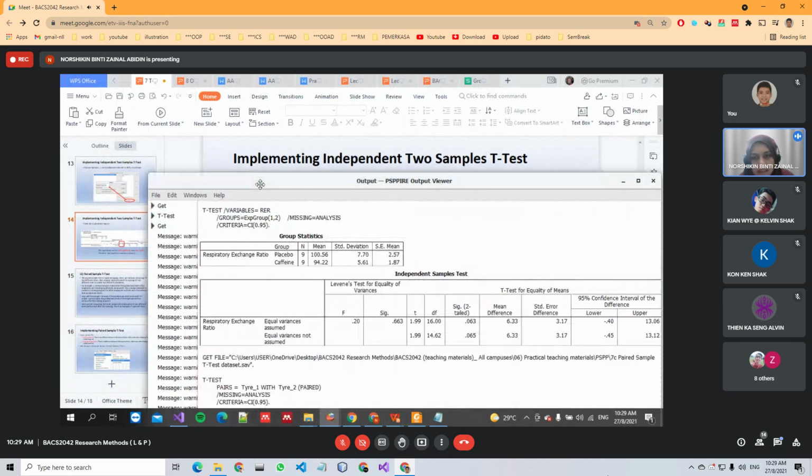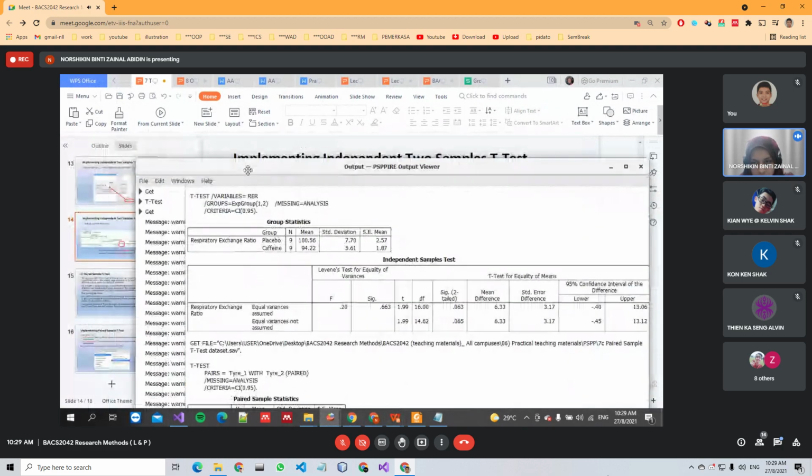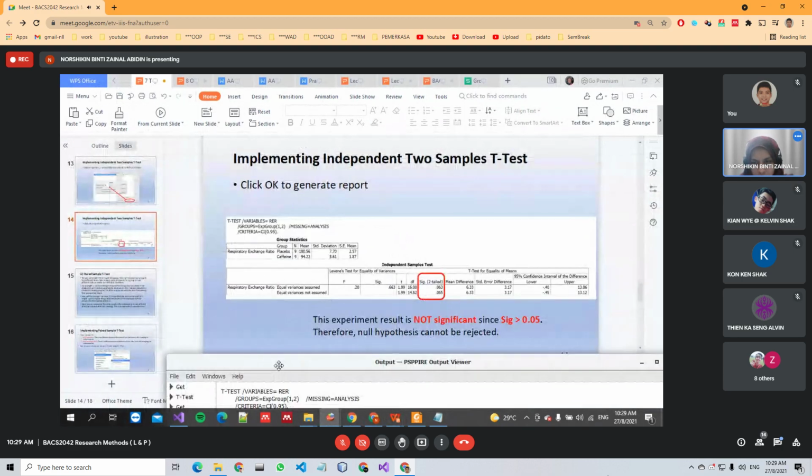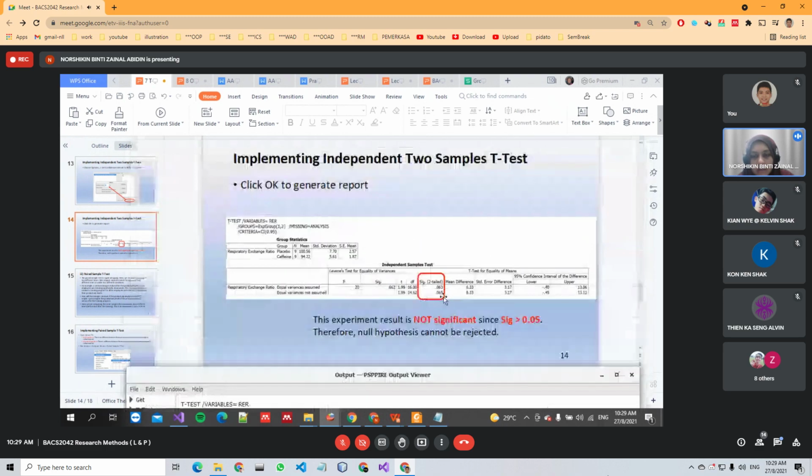Okay, independent sample test and the group statistics. The result that we receive from our dataset should be the same as the lecture note. So here I get significance of 0.063 and 0.654 for this one.